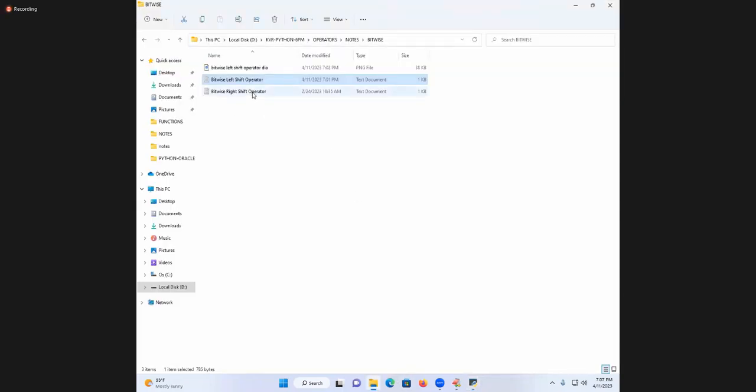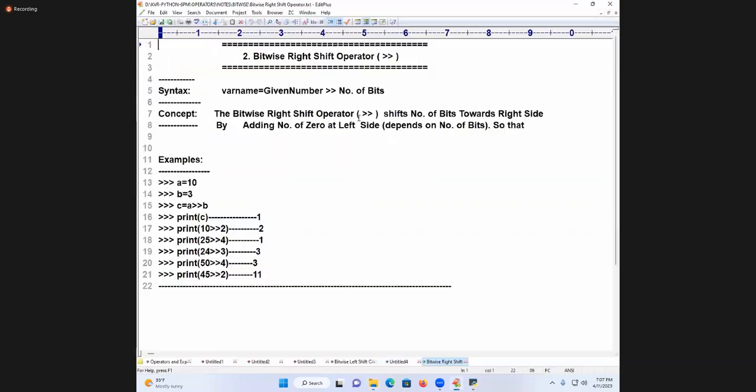Now I am going to apply the right shift operator. Try to read out the bitwise right shift operator. Variable name is equal to given number double greater than number of bits.